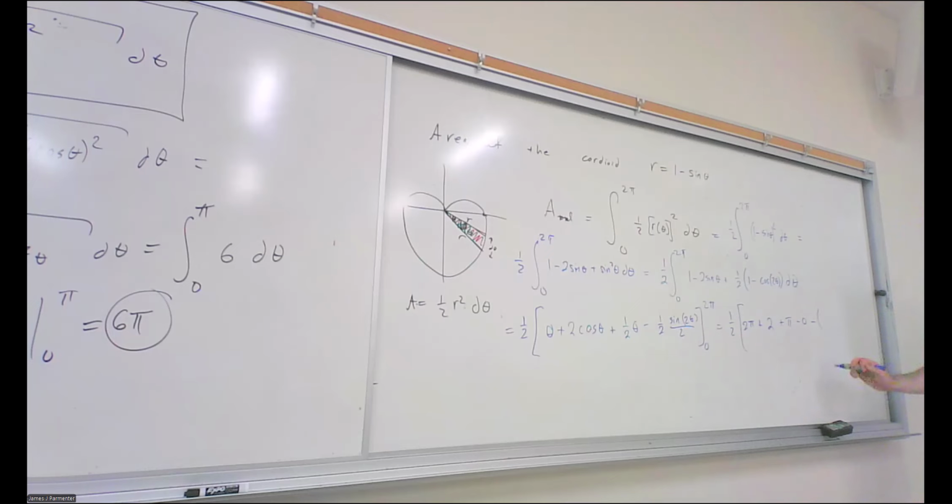Minus, when we plug in 0, we get 0 plus 2 times cosine of 0, which is 2, plus 1/2 times 0 is 0, plus sine of 0 is 0. So we end up with the 2 and the 2 canceling. We get 1/2 times 3 pi, which is 3 pi. That's the area in this entire cardioid.